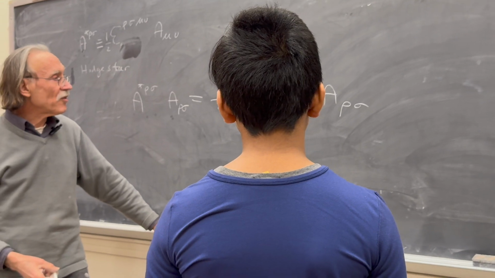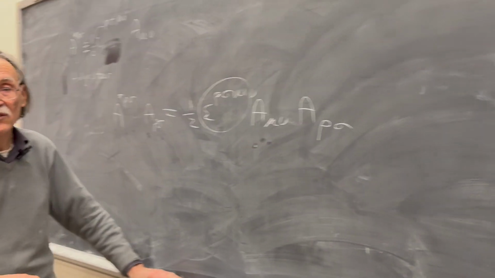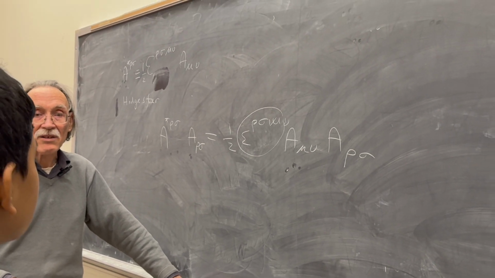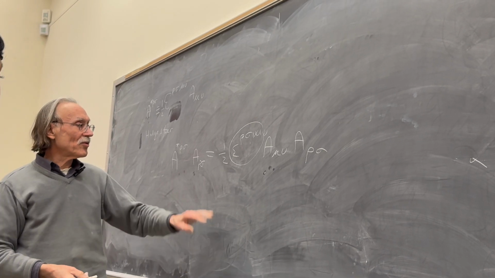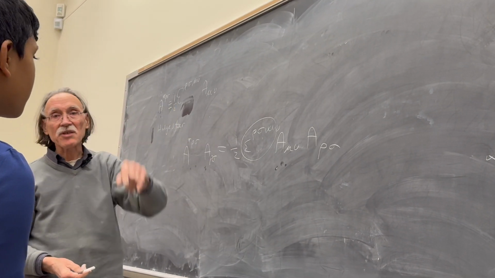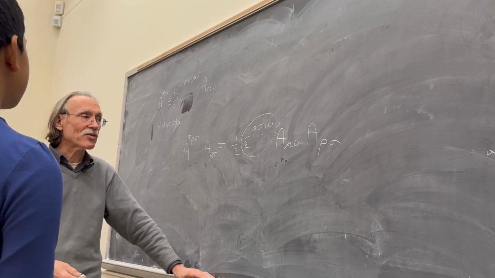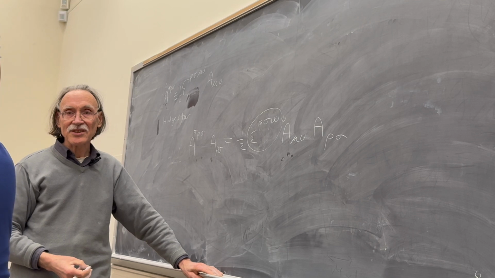It is actually not invariant because of this factor. There's an extra factor, the determinant of L. That is why it is not a scalar, it's a pseudo-scalar. It's exactly because of that determinant, if you write out the Lorentz transformations.